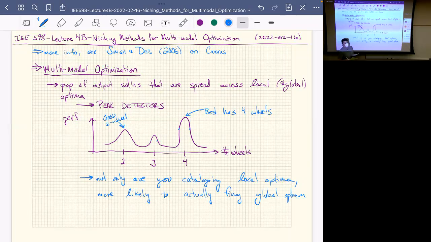Right. So in order to do this multimodal optimization, we need to preserve diversity, but there's also a bunch of different challenges that could occur here.